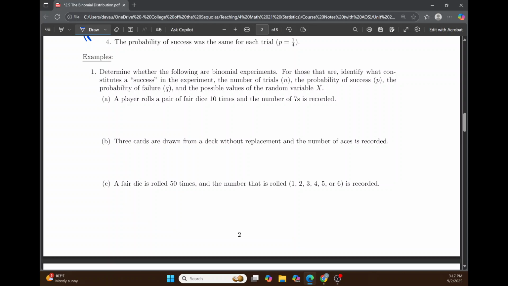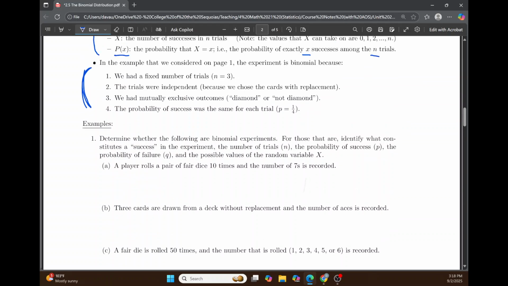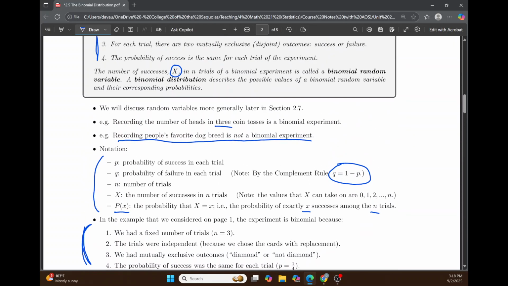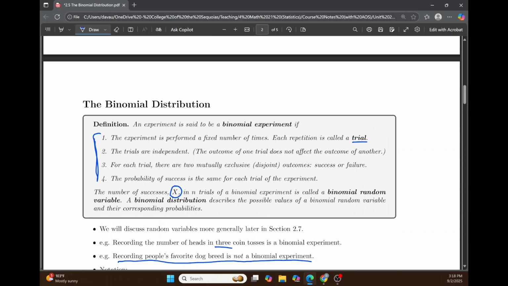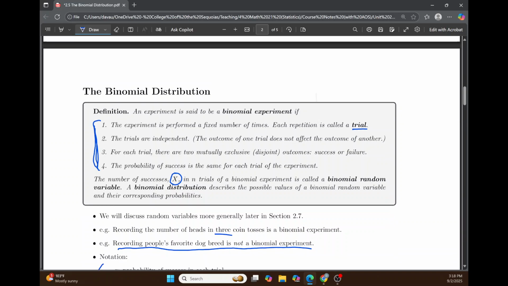Part A says, a player rolls a pair of fair dice 10 times and the number of 7s is recorded. So the first question we need to answer is, is this a binomial experiment? To answer that question, we can go through the list of criteria that a binomial experiment has to meet. Number 1, the experiment has to be performed a fixed number of times. Yes, that criterion is met because we said we were going to roll the dice 10 times.